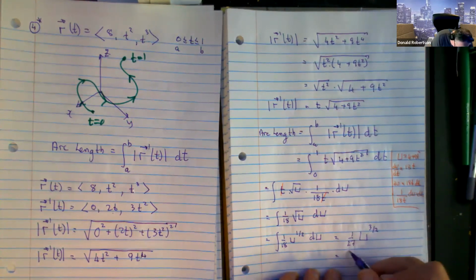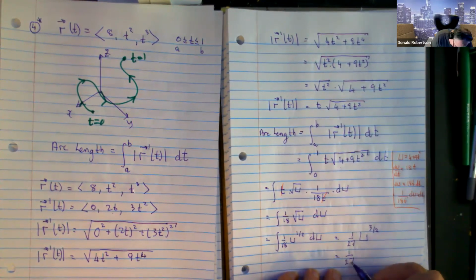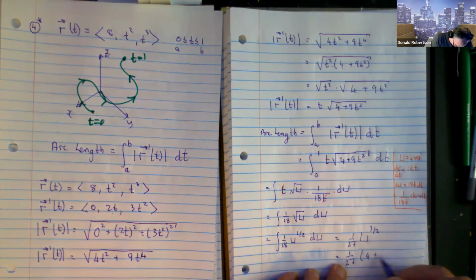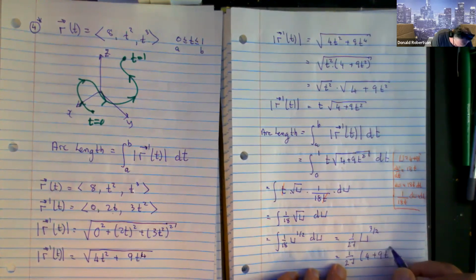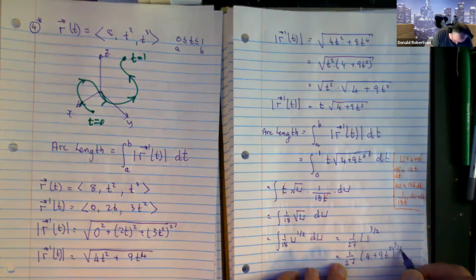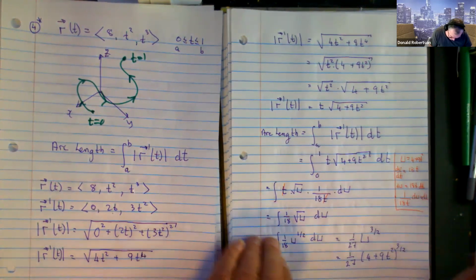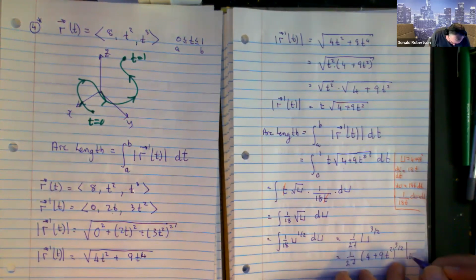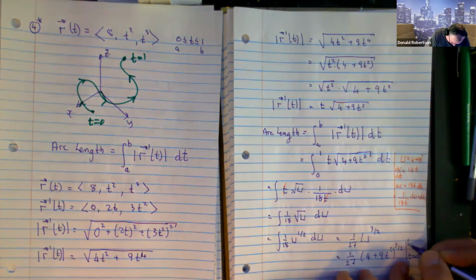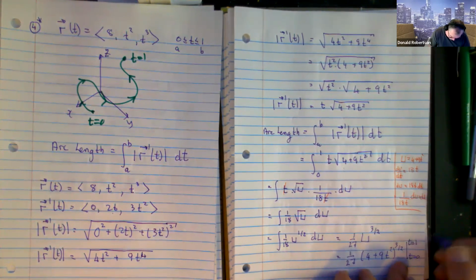And then I'm going to convert it back into the original variable, which is that guy. And at this point, we can put in the limits of integration, which are t equals 0 to t equals 1.